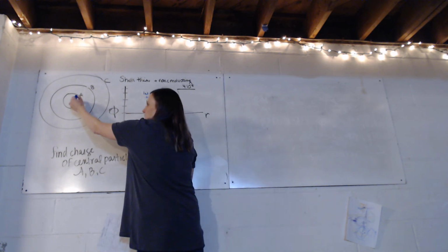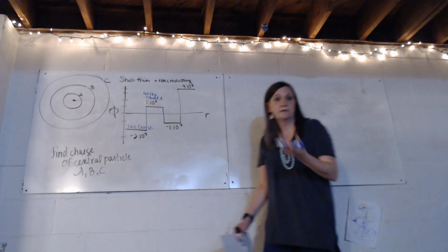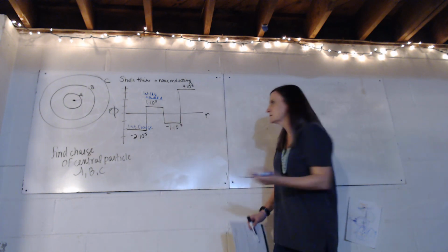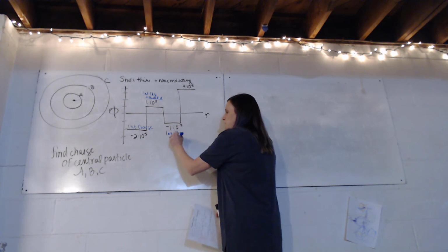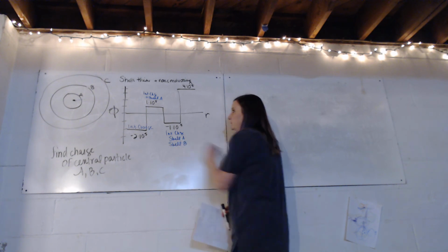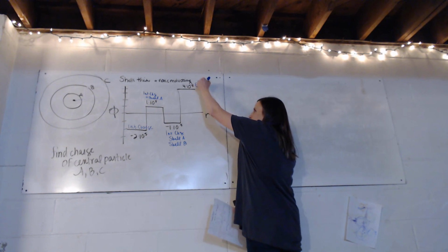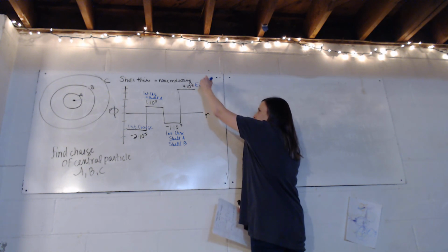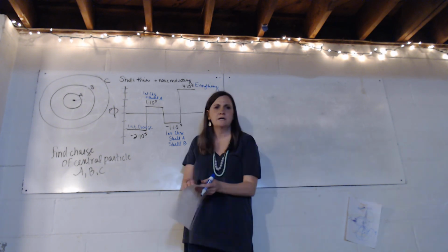Because I work my way out and then suddenly, boom, I've got shell A, which has some more charge enclosed, which totally changes my flux. Here, down here is where I'm enclosing the interior charge, shell A, and shell B. And then up here is where I'm enclosing everything. Okay, so that's how you read these graphs.